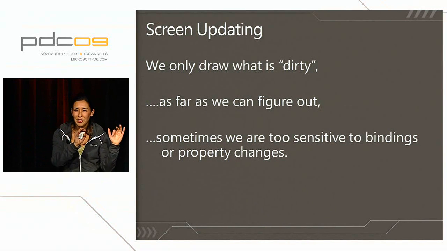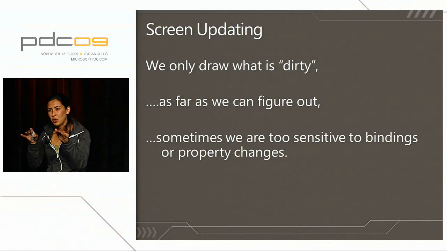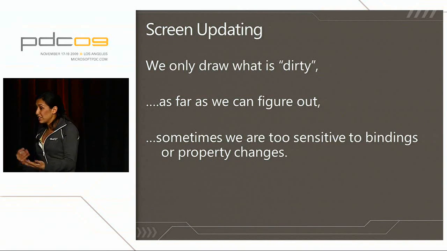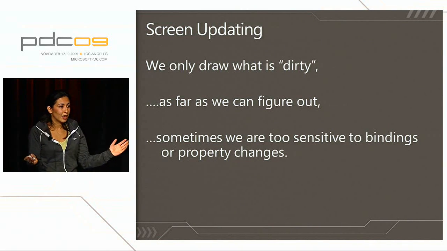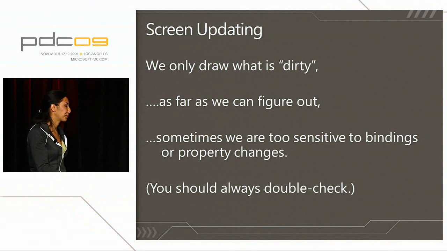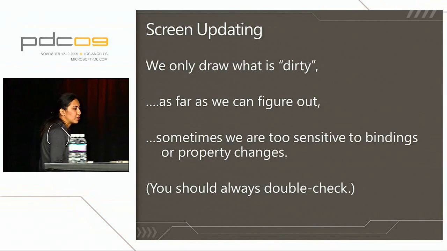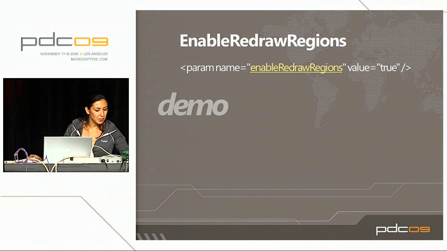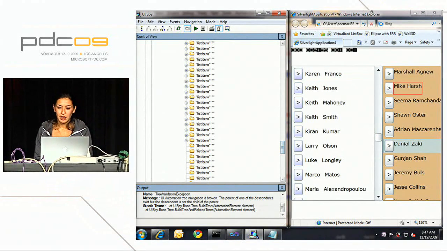And so it's eventually changing 12 to 12.001 to 12.002. Silverlight just keeps on drawing. It's like, hey, maybe some user can see that. So you want to always double check and make sure that you're not triggering more draws than necessary. And so I'll show you a quick demo of how this flag works.